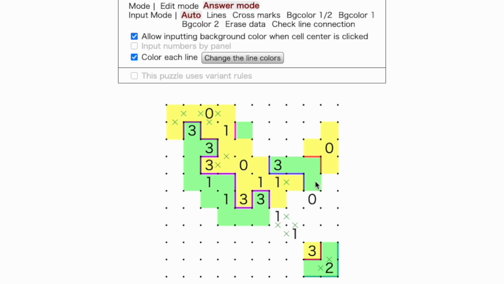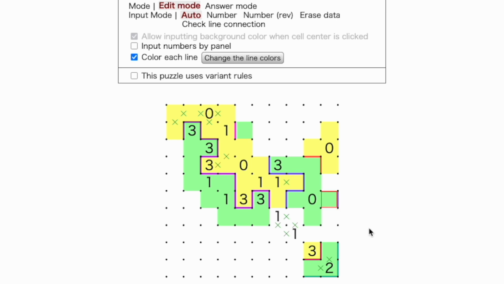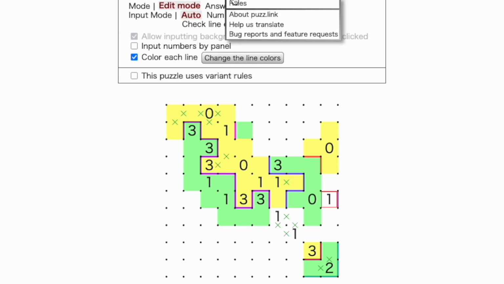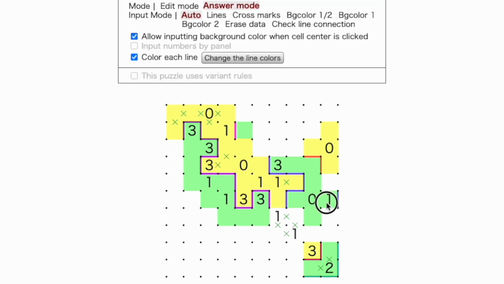That's going to connect to this, making all of these insides. Good. I'm going to have to do something about this area right here if I do that, though. Maybe I make this a 1, which forces green in both of those areas as well.